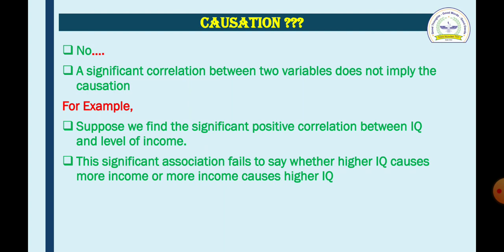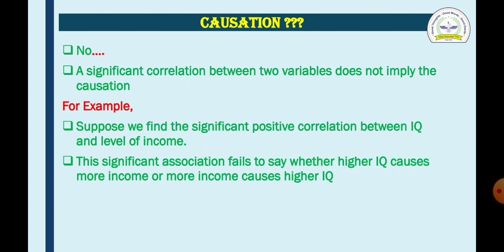Suppose we find a significant positive correlation between IQ and level of income. From this information, we cannot say that higher IQ causes more income or more income causes higher IQ.